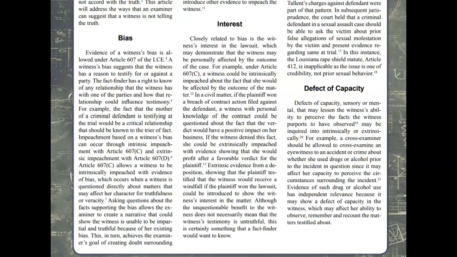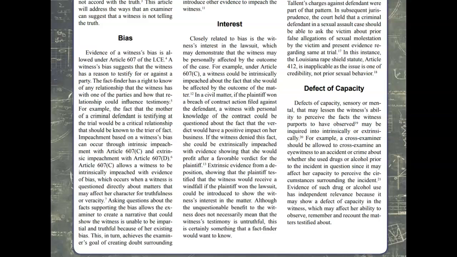Another method is, not bias, interest. Interest is closely related to bias. If a witness may be affected by the outcome of the lawsuit, the jury should know about that.